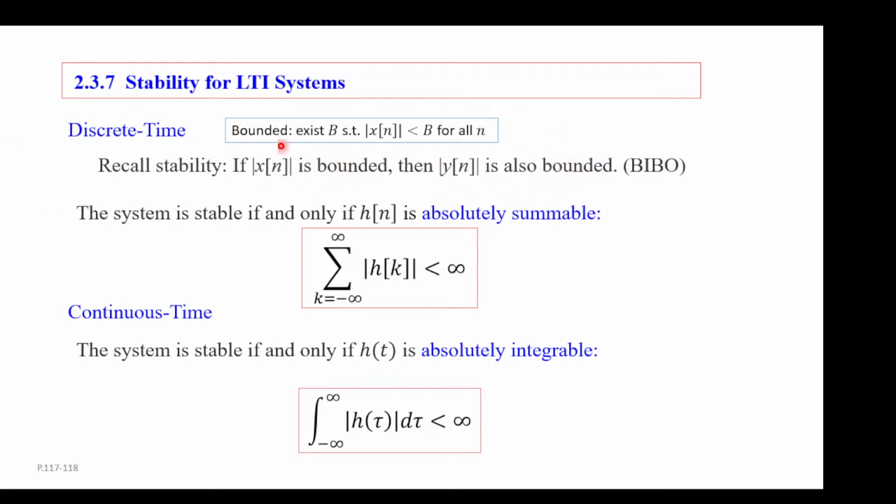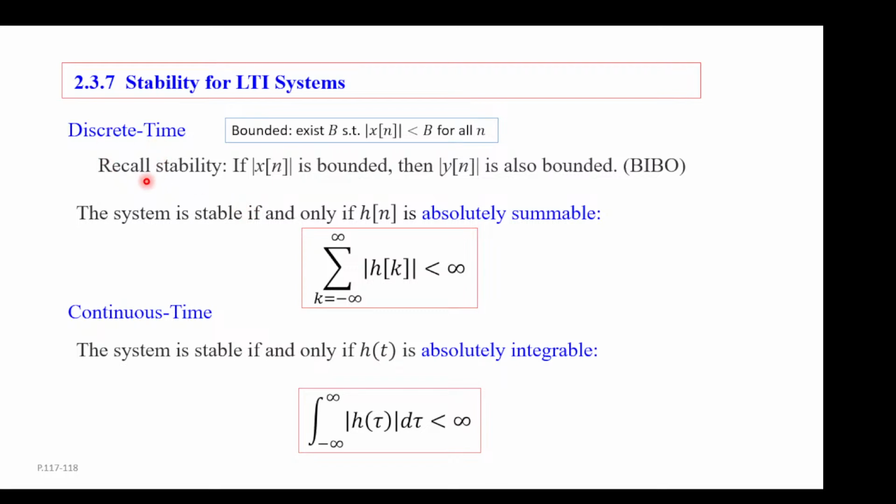We also have a reminder of what bounded means. Bounded means that there is some finite number such that the absolute value of your signal is always less than that finite number. This is written for discrete time, but it's similar for continuous time. Let's have the result here first.